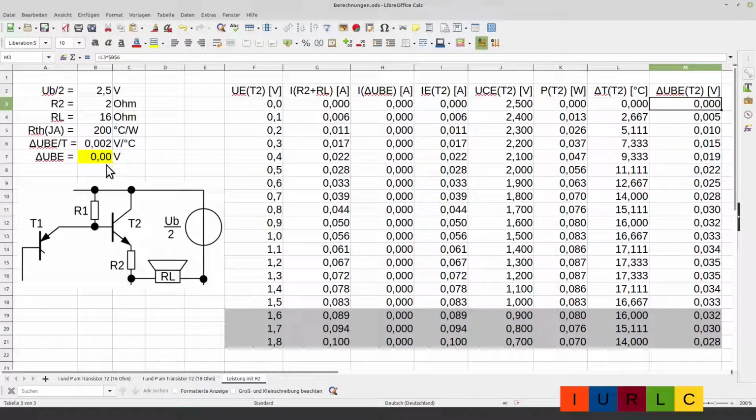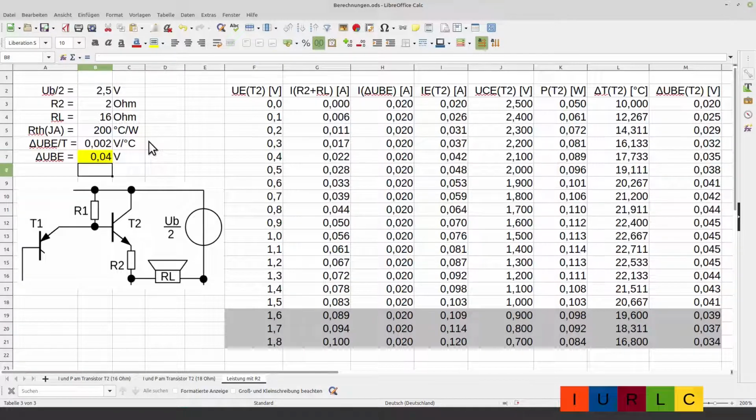We start now with a base-emitter delta voltage of 0 volt, and what we see is that the resulting one is already on the maximum of 0.035 volt. So we go back and go a little bit above this, 0.04 volt.